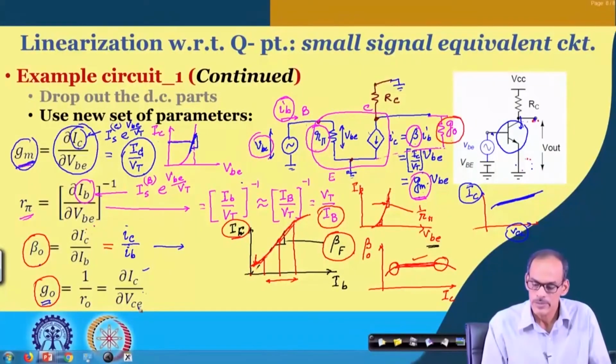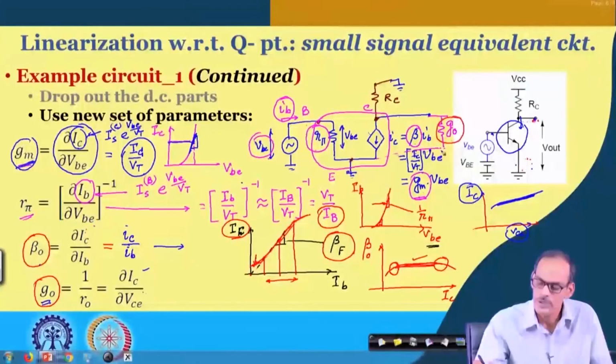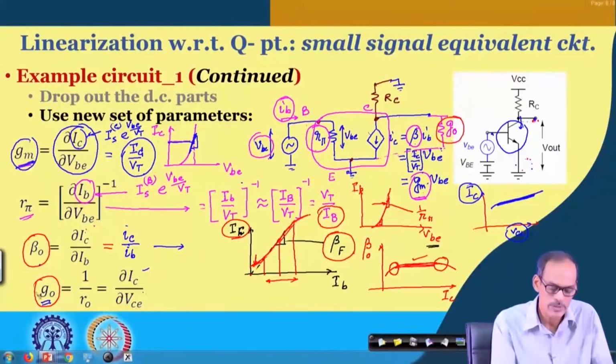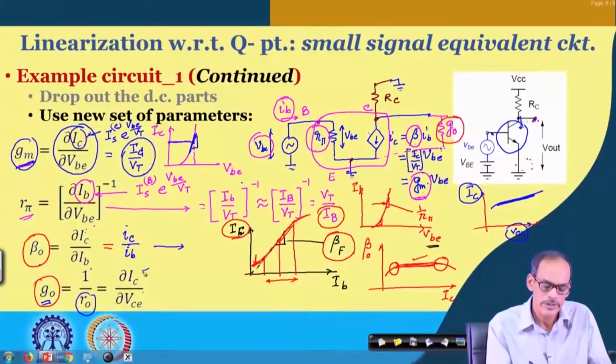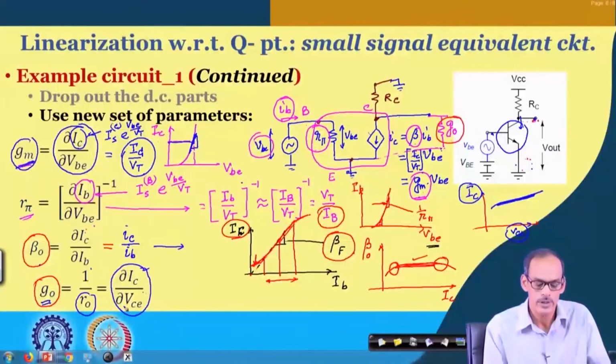Sometimes we write this element as a conductance, and some people write it as an output resistance. If I take the reciprocal, 1 by output resistance is defined by dou Ic divided by dou VCE.